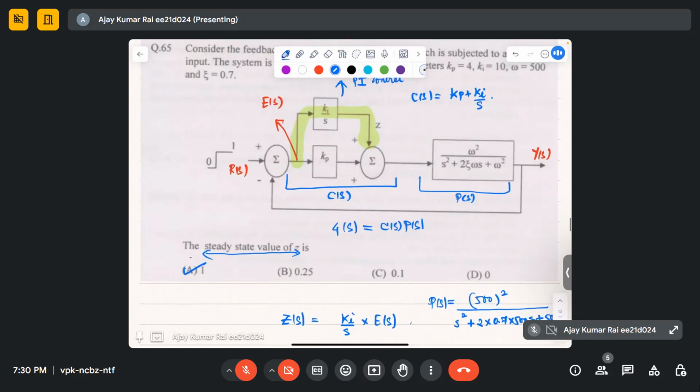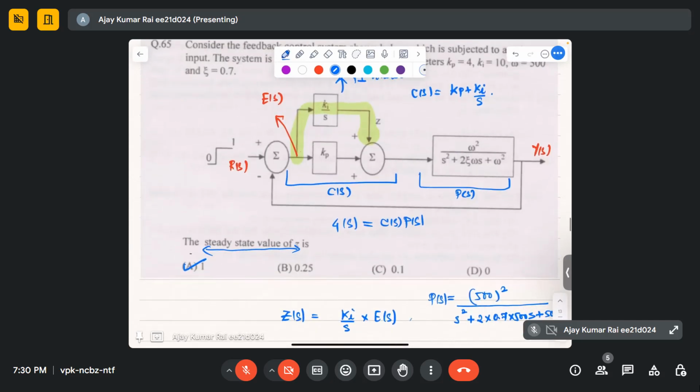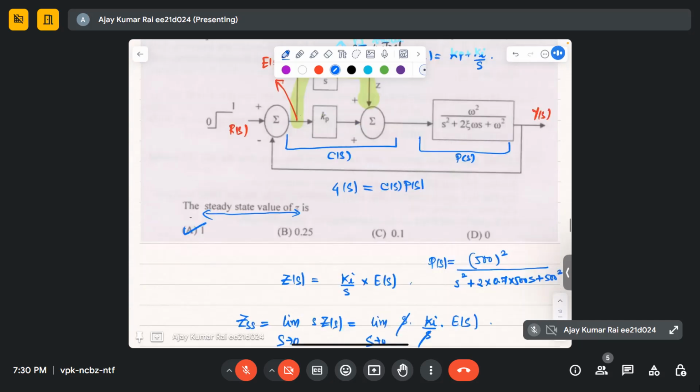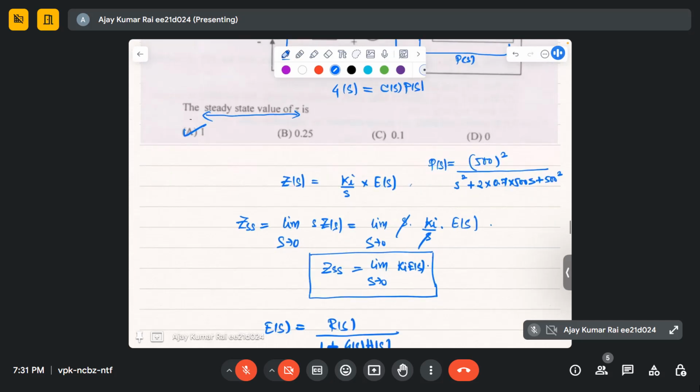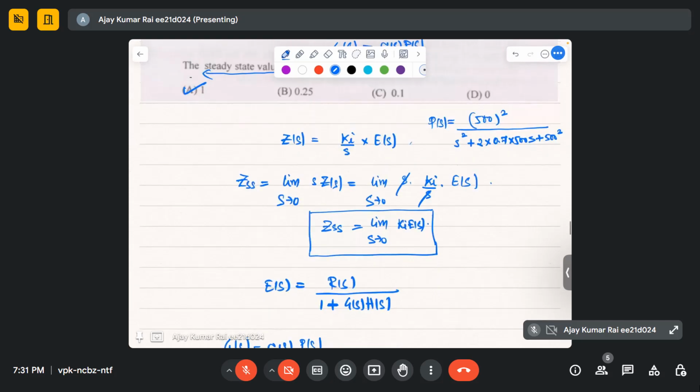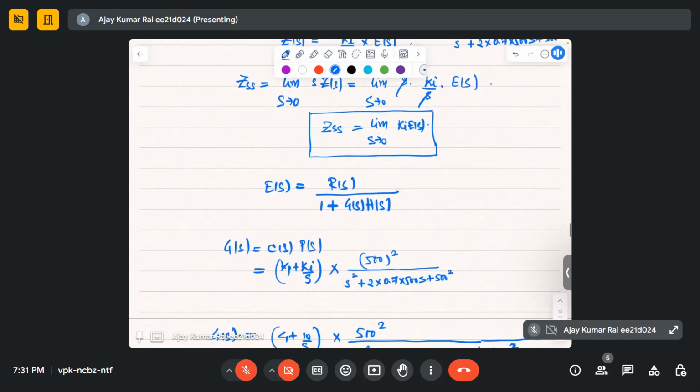Okay, so any doubt in this question? Very simple. Steady state value of Z we need to find out. Okay, first find out what is ZS. ZS is Ki by S into E of S, right? Steady state value, you'll apply the final value theorem, where limit S tends to 0, S into ZS. So from here I'm getting ZSS is equal to Ki into E of S. Okay, so E of S I need to find out.